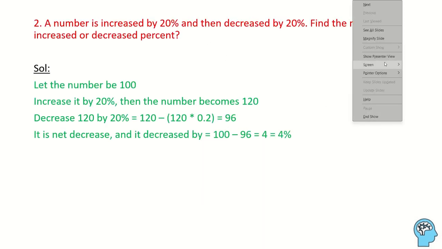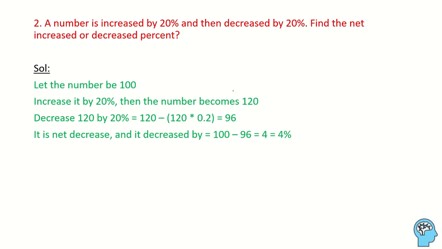So now let's look at the second problem statement. A number is increased by 20% and then decreased by 20%. Find the net increased or decreased percent.